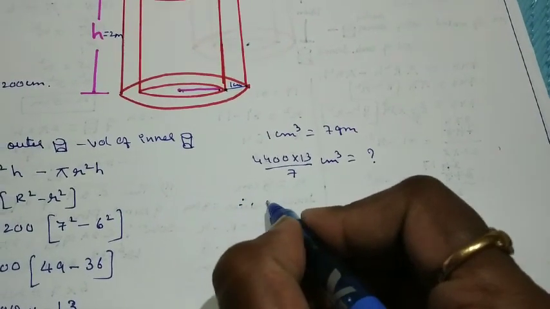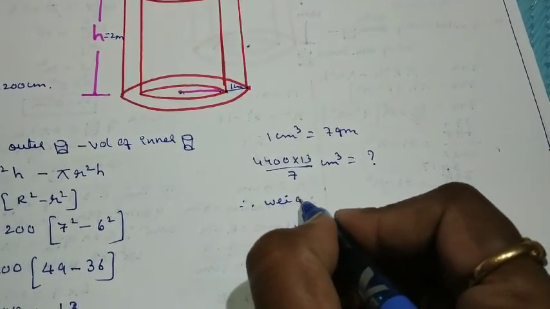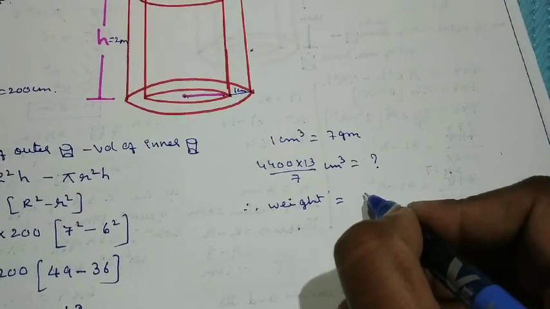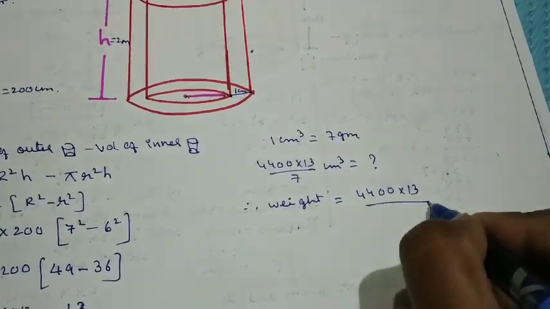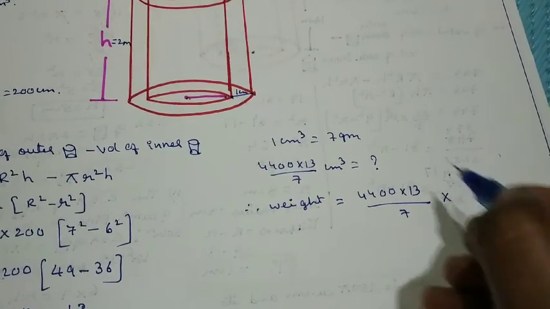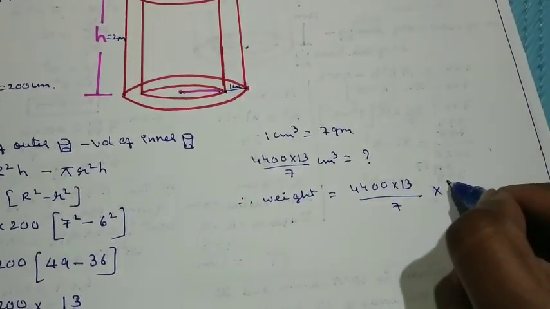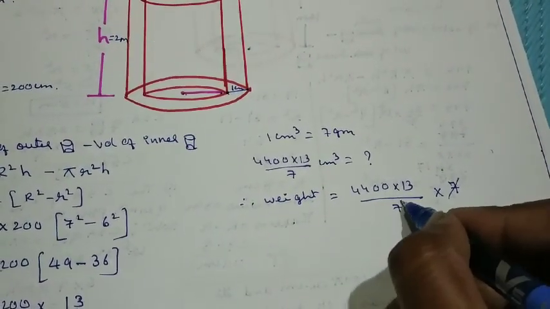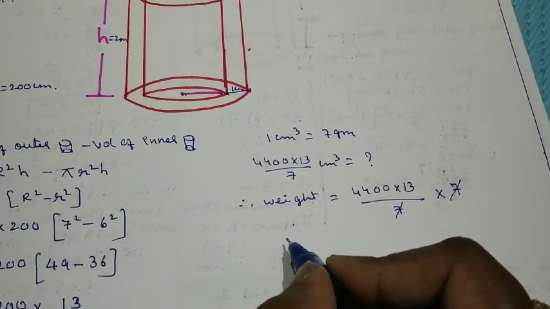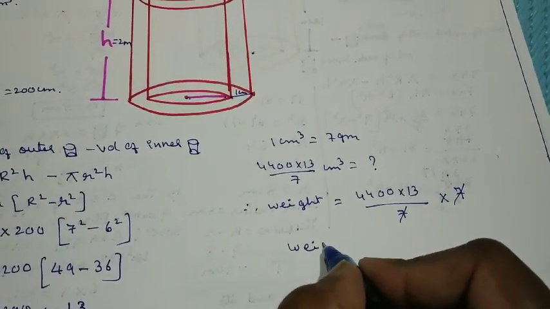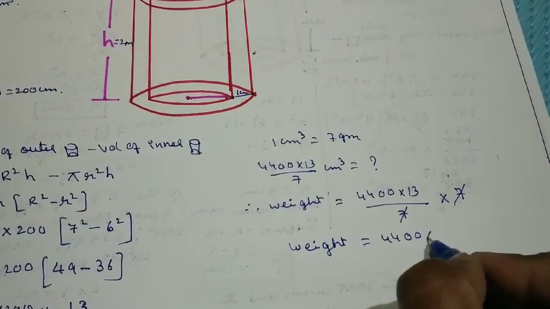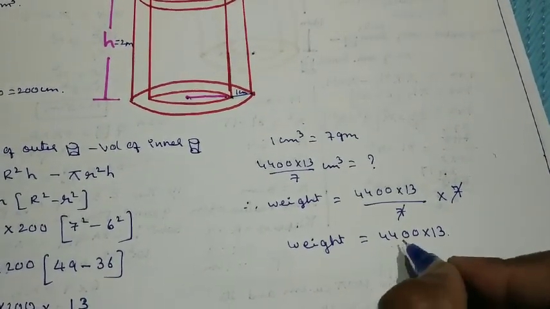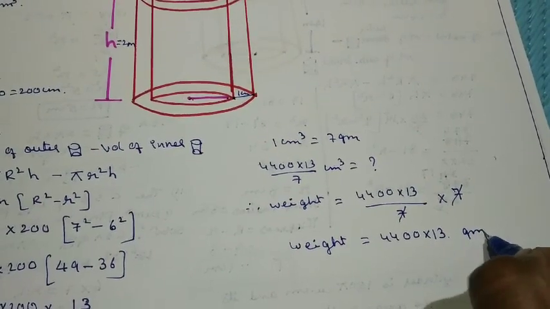Therefore, weight equal to 4400 into 13 divided by 7 into 1 centimeter cube is 7 grams. So this 7 will get cancelled. Then weight equal to 4400 into 13, and we'll get the answer in grams.